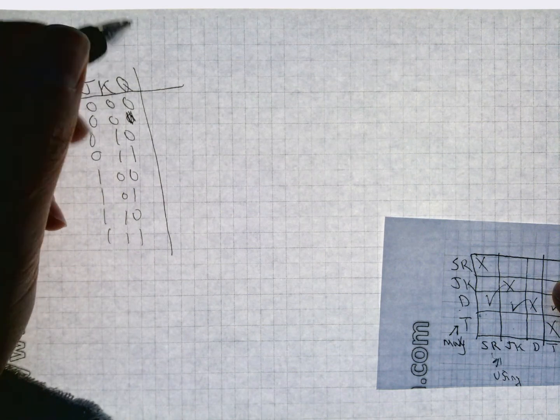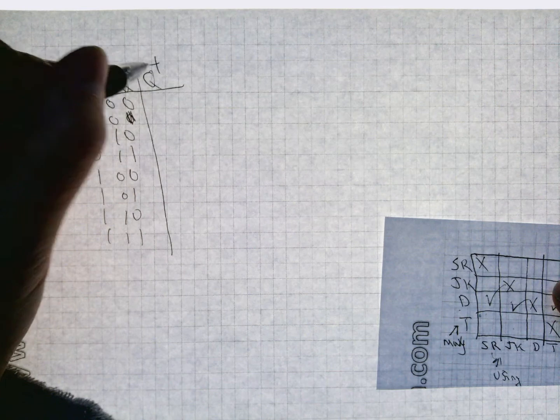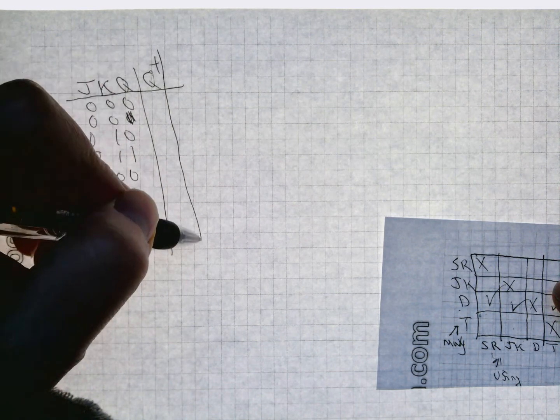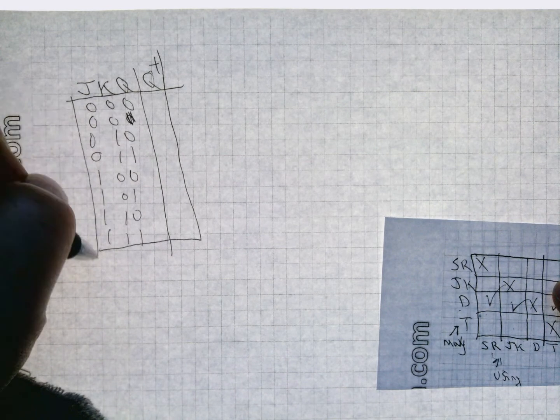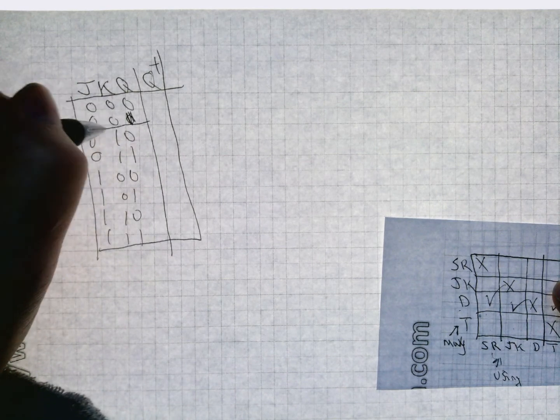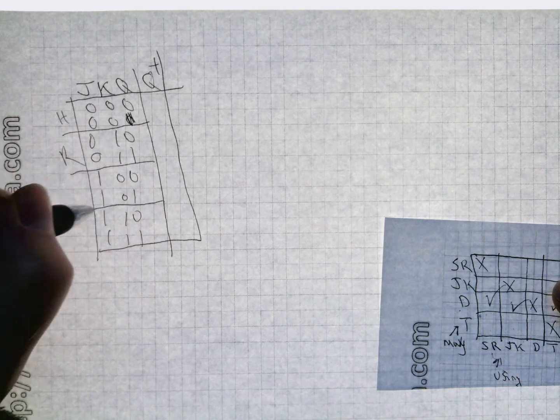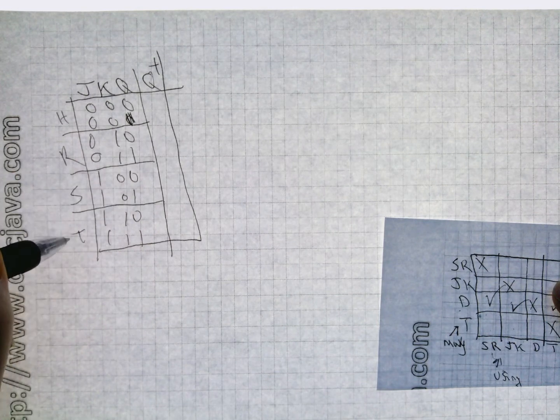That's probably the better way to say it. Q plus. So we'll use a variety of different flip-flops, but first we need to know the JK inputs, and we'll call this hold, call this reset, we'll call this set, and this will be my toggle state.